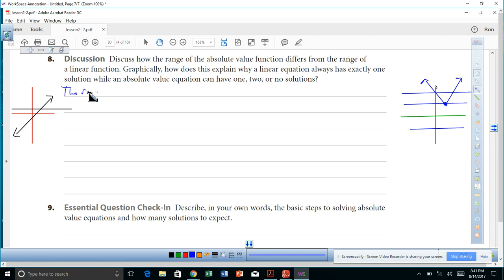The range of a non-constant linear function is all real numbers.